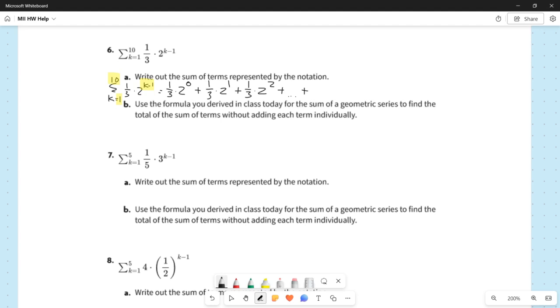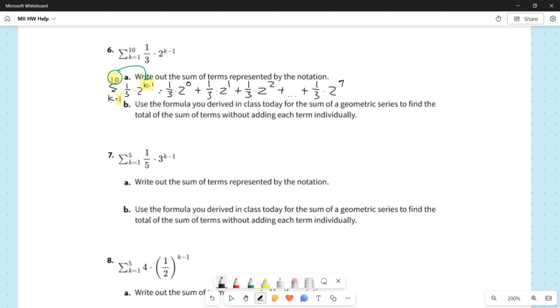Our last term is going to be 1/3 times 2, and it involves this number, 10. I plug in the 10 and get 10 minus 1, giving us 9. So this is our sum.